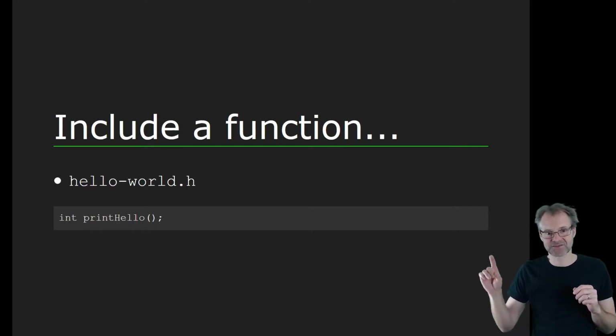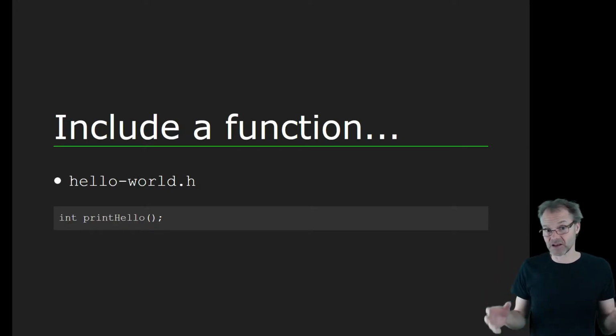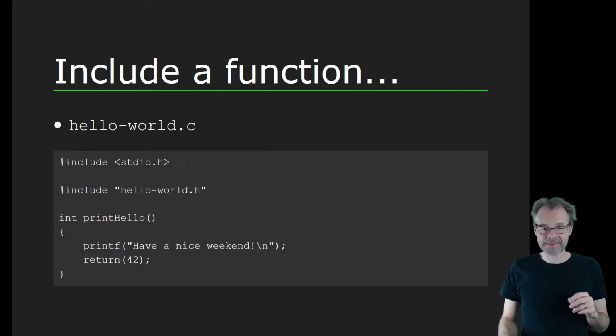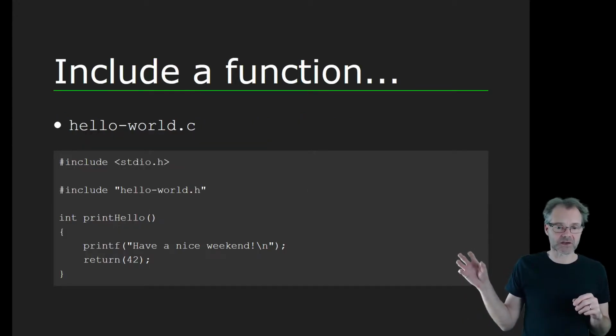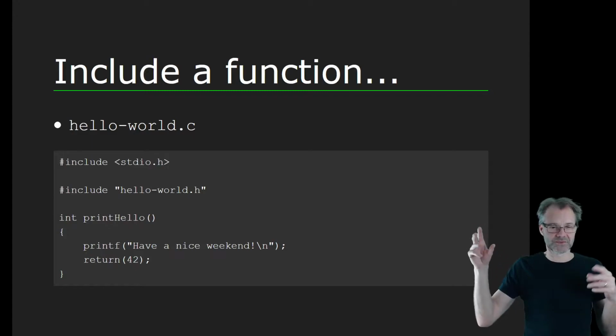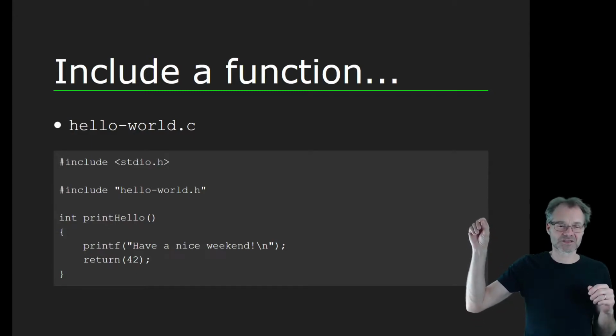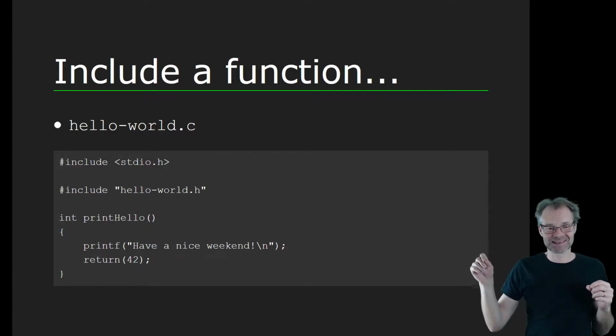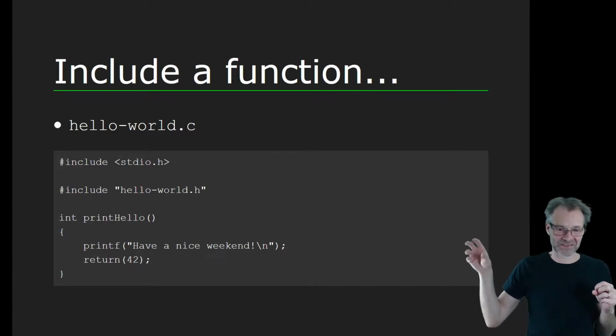So this is the header file, and I label it hello world. And then I match it with a hello world.c, and here I write the implementation of the function. I also, for best practice, I would say I do include my own header file. It's not really needed since I'm implementing the whole function here, but it's good.